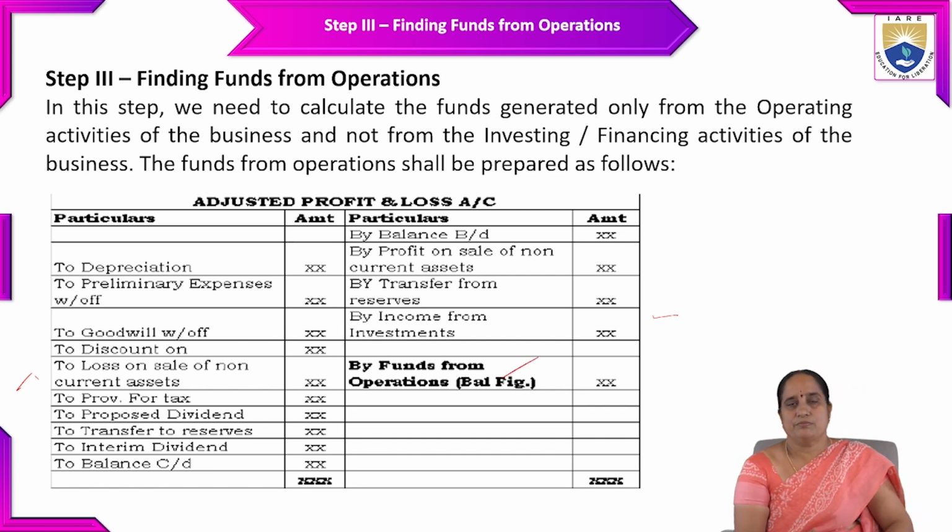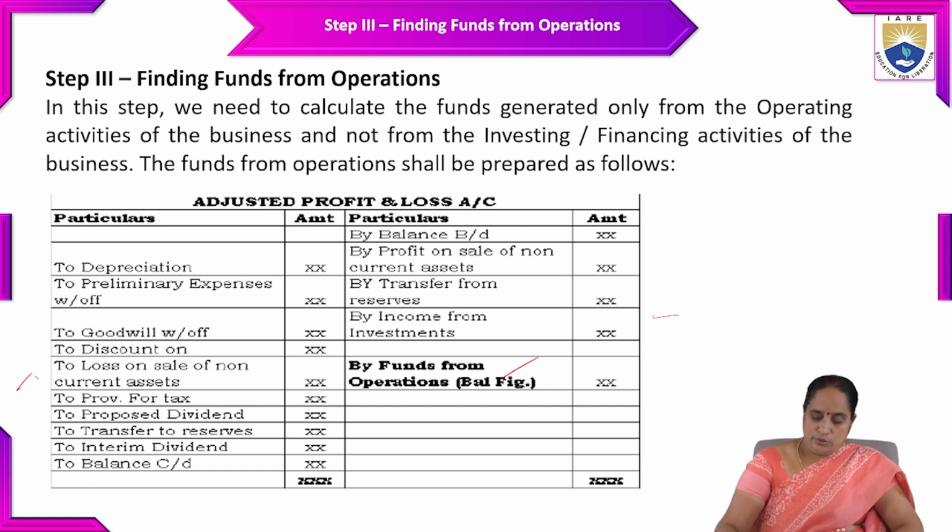So how much funds we have generated by taking into consideration some kind of business activities, sale of goods, sale of fixed assets, and sometimes we transfer the funds from reserves. Even sometimes the companies may also raise funds in the form of issuing shares by way of investments. So everything comes under funds from operations.